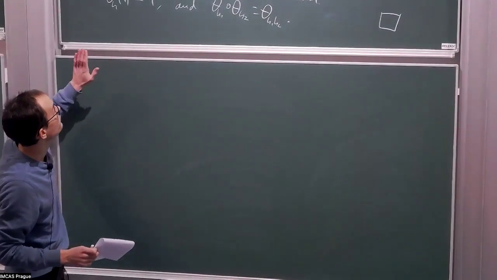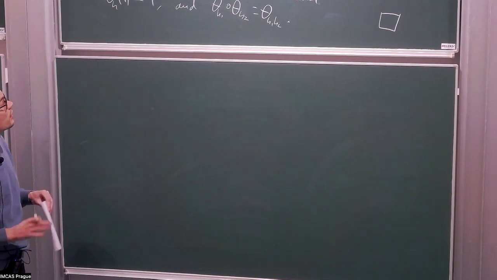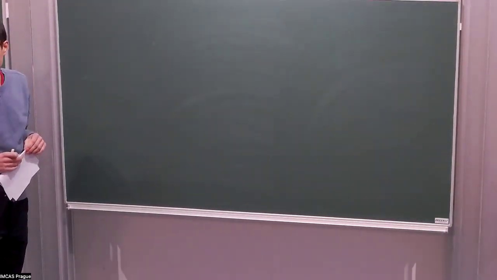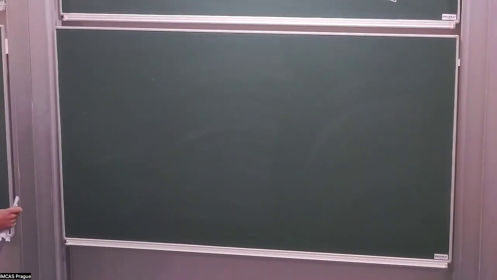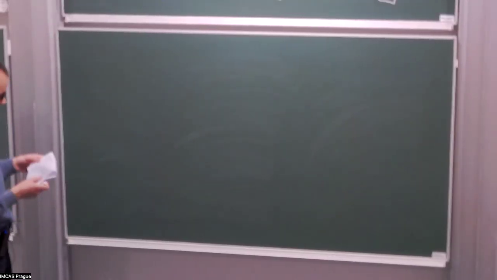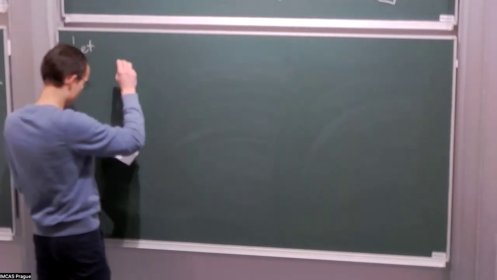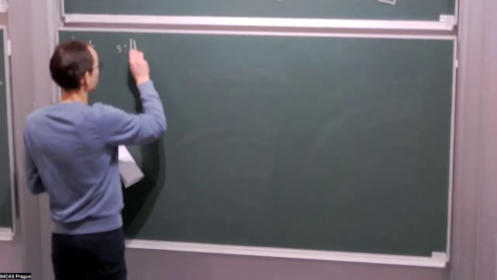Okay, so we have this action. Now there's one more piece of data that we need to get from this short exact sequence, from this extension, that will allow us to reconstruct G, which is a cocycle. So what we do now, we take some section.